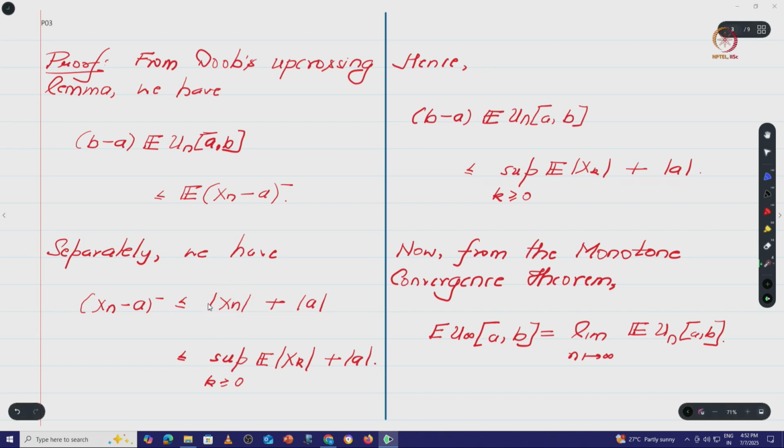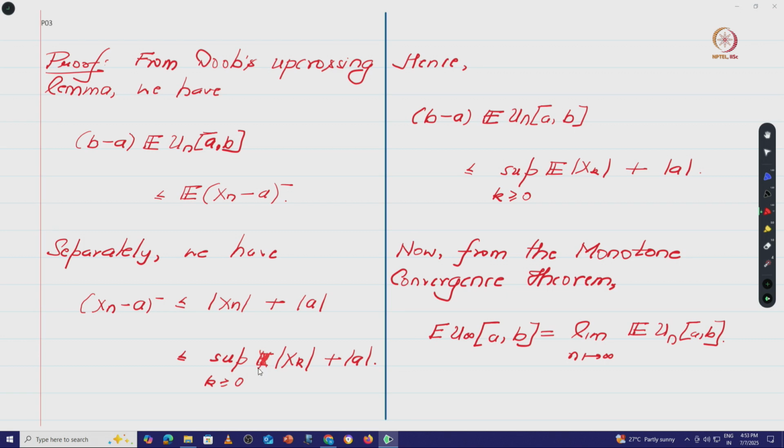And since you have the absolute value of Xn here, we can take the supremum over all possible values of n, and to distinguish between this n, I have replaced the index with k. Okay, there is a typo over here, this expectation should not be there.